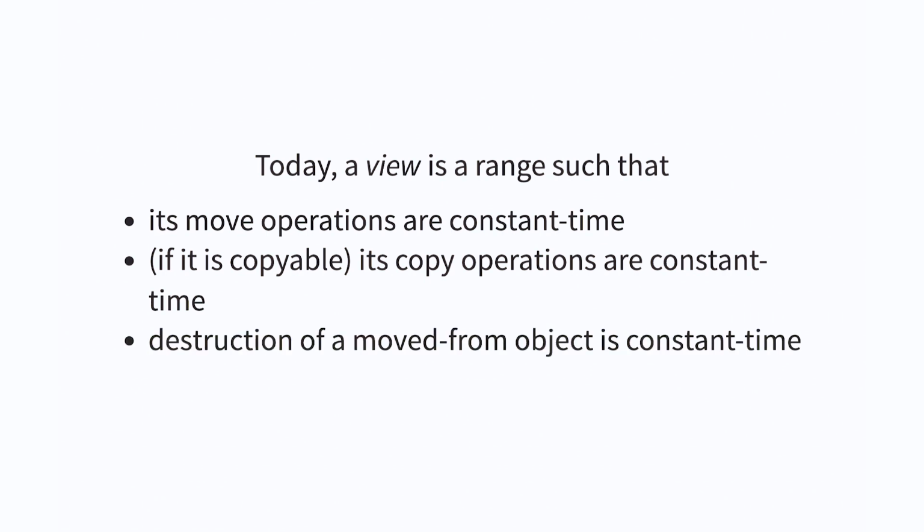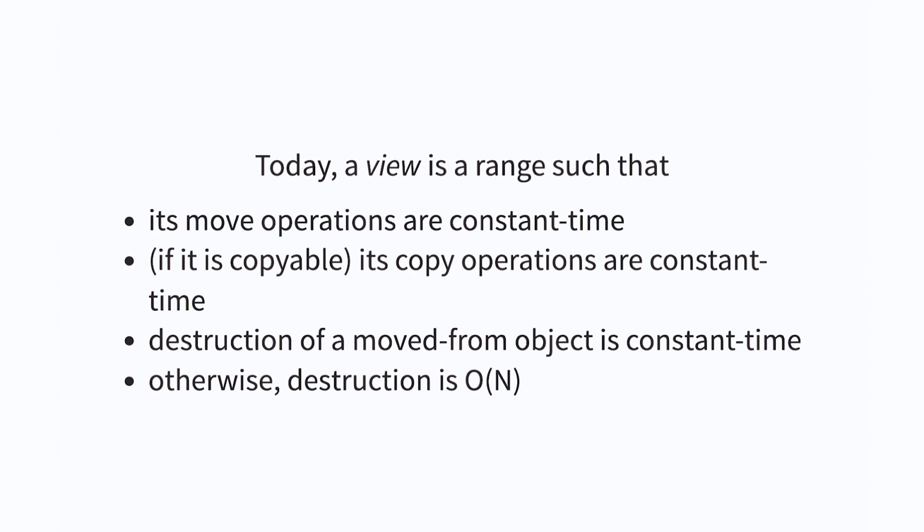We require that destruction of a moved from object is constant time. That is, basically does no meaningful work, or at least does a fixed amount of work, not dependent on the number of elements. But destroying an actual, owning object, that is allowed to be, at worst, order n, n being the number of elements in the range.